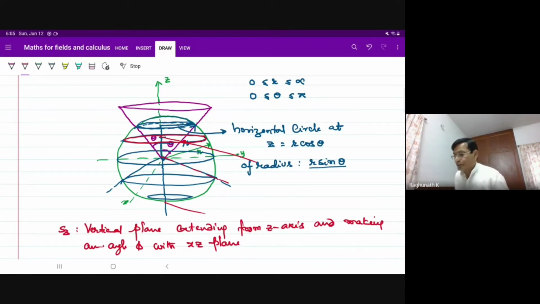Check it. Same plane that we had in cylindrical coordinates, but the order is the last one.